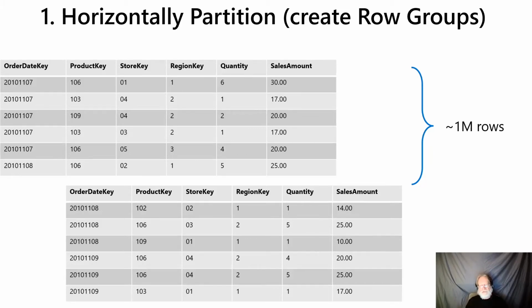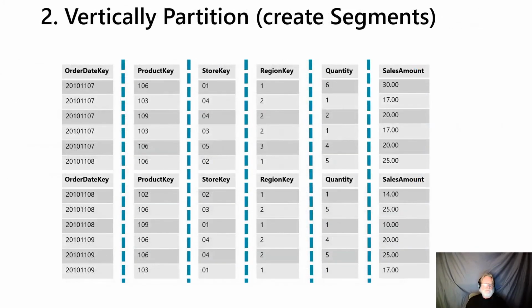And so that's a unit. We then partition them vertically, so we create segments, and a segment is one column for one row group. So a row group's worth of that one column. Order date key, 1 million rows worth, and then there's a separate segment which is the next 1 million rows of order date key. And each row group is its own entity and has its own metadata.